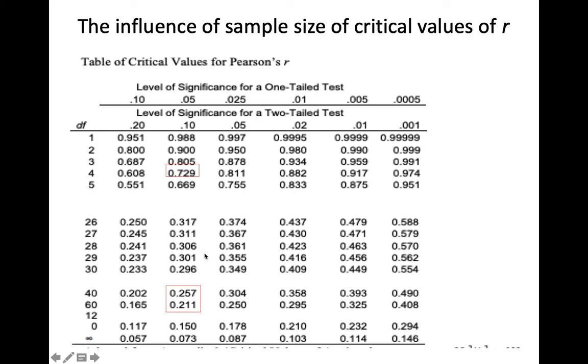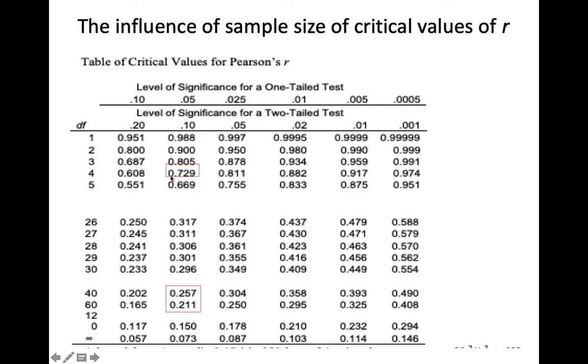This is an example of a lookup table of critical values. Just to keep it consistent with the previous example, we've got a one-tail test, alpha level 0.05. Here's our degrees of freedom 4. Degrees of freedom 50 were not in this particular table. They start skipping, but I'll just give you examples with 40 and 60 degrees of freedom.